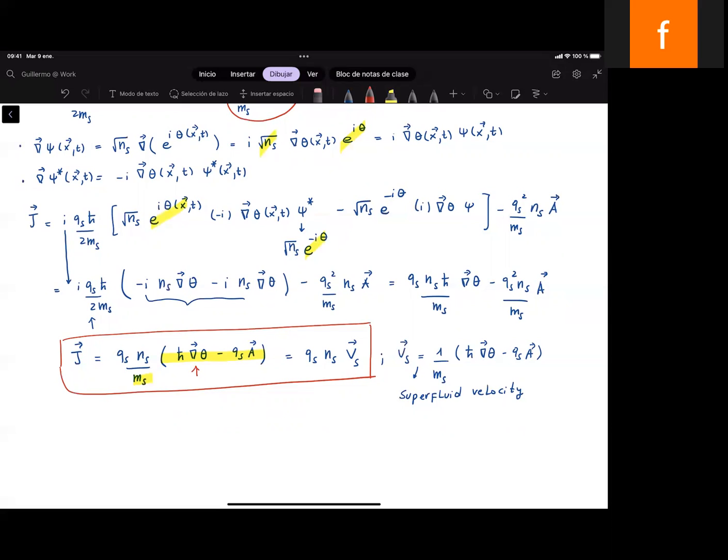But here we have a physical interpretation. That is a gradient of theta. So any spatial variation of the superconducting phase involves some kind of movement, because then you have a superfluid charge current. This is interesting.